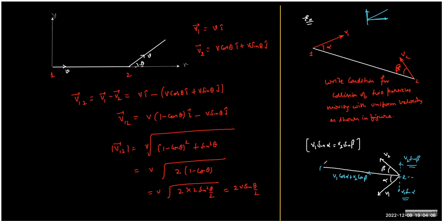The simple rule is, to go in one particular direction, the perpendicular component to that direction must cancel out. That's the simple rule. Understood? Yes, sir.